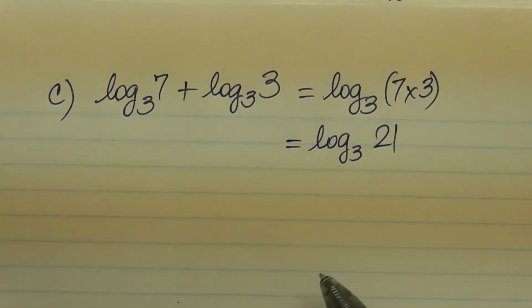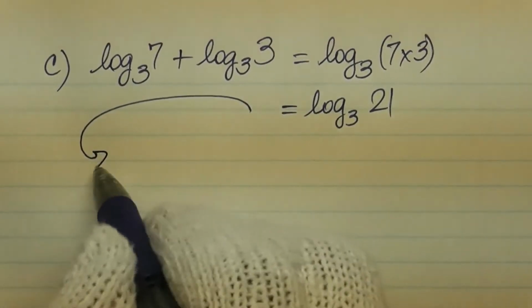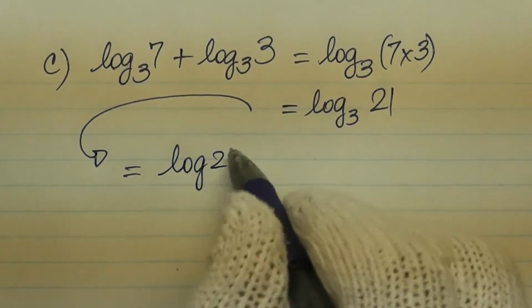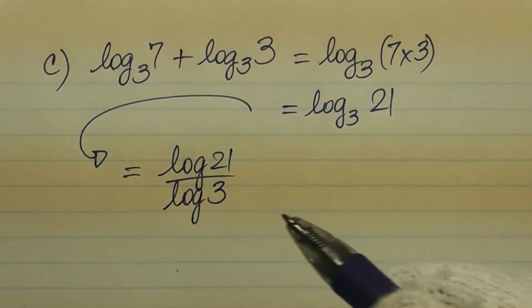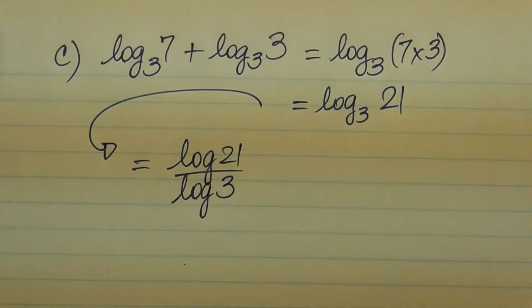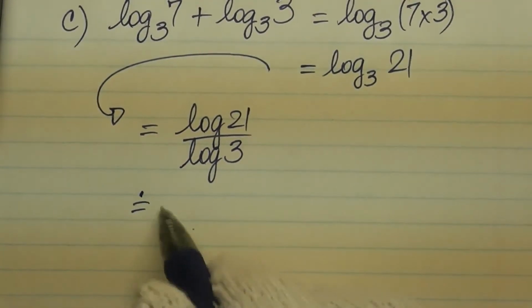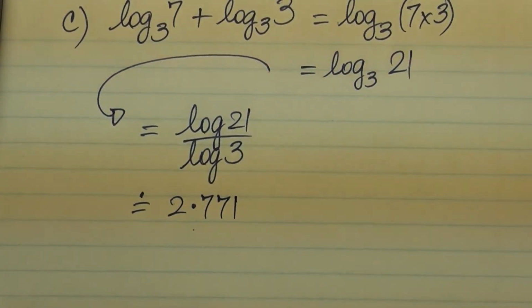Now, to evaluate this, we're going to have to use the change of base formula on our calculator, by doing common log of 21 divided by common log of 3. And correct to 3 decimal places, that's going to be 2.771.